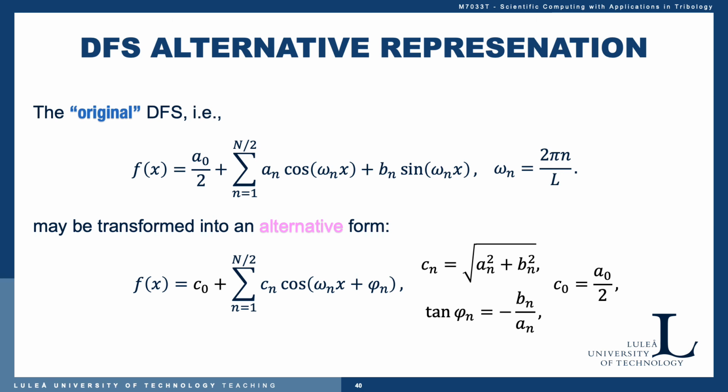Now, there is of course a relationship here between the Cn and the An and Bn, and also C node and A node, and then we have this relationship that defines the phase shift phi n, which is just the tangent of negative Bn over An.